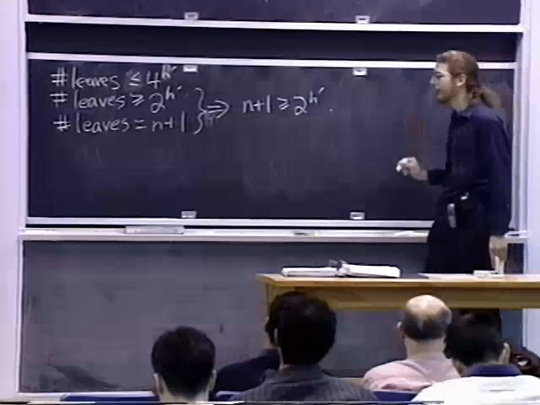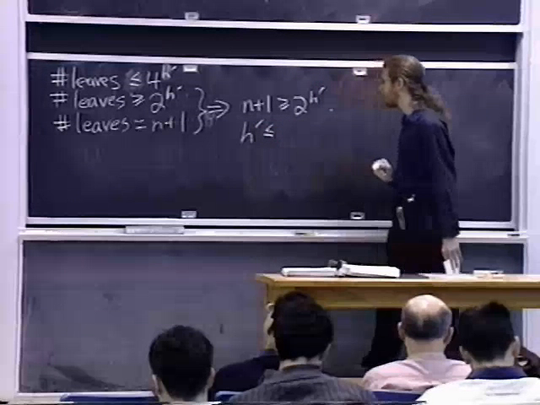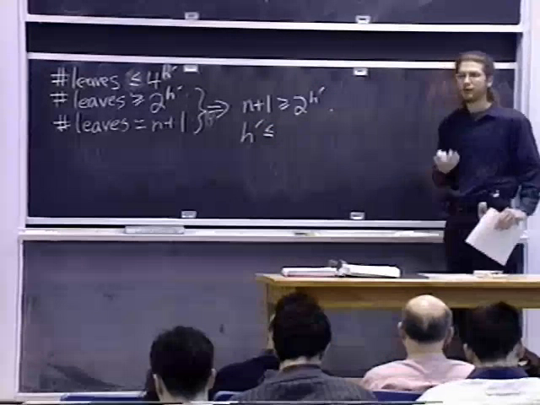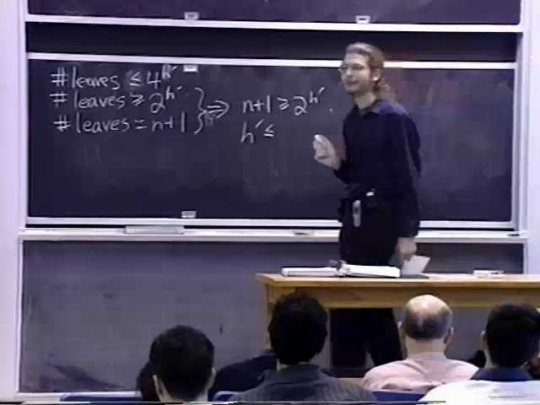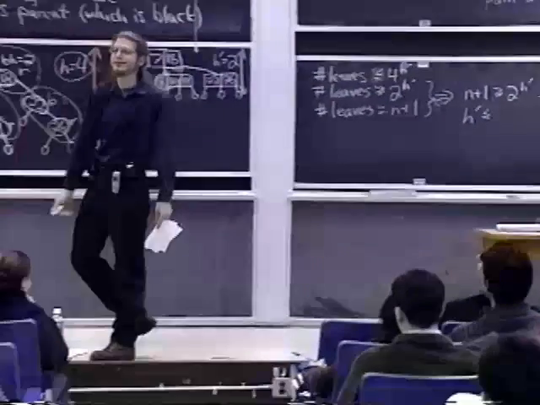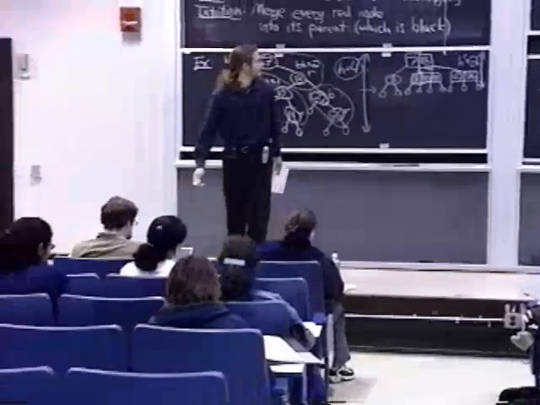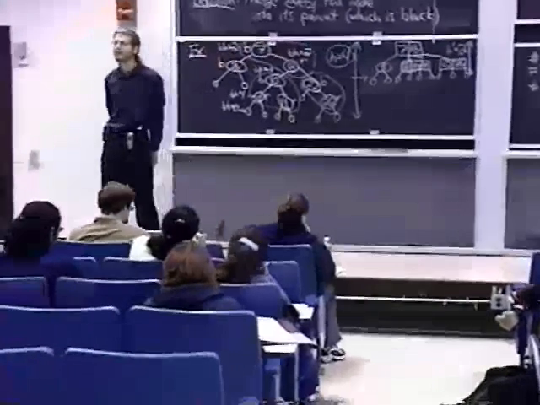Cool. Now we want to know what h prime is. This should give us an upper bound on h prime, which is, I'm going to play the Charles trick. So someone in that back corner, how can we bound h prime in terms of n using what we know?